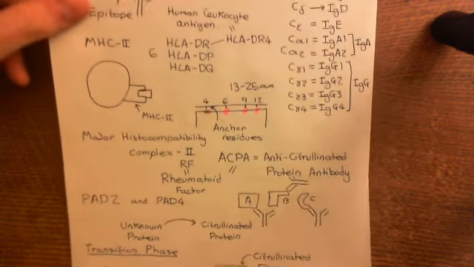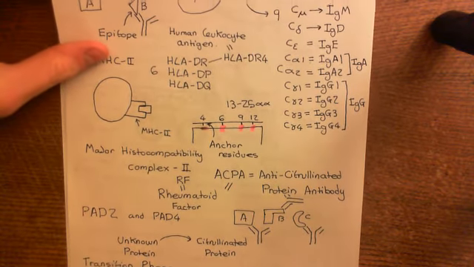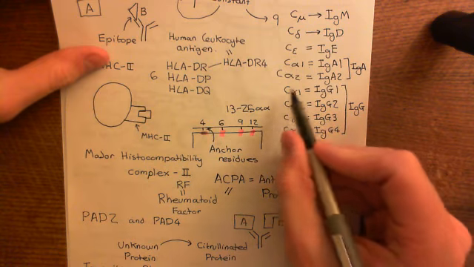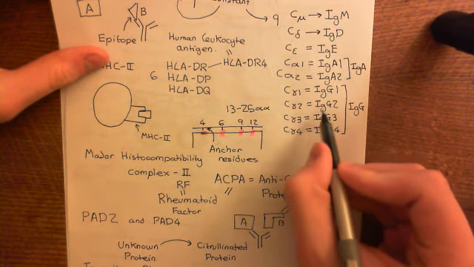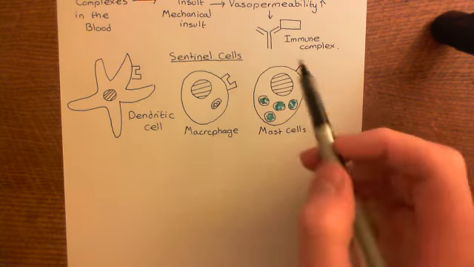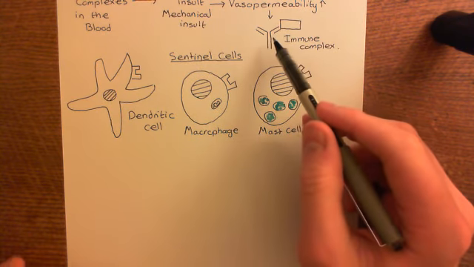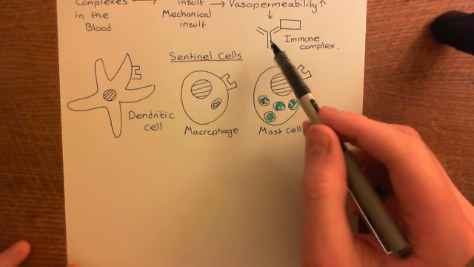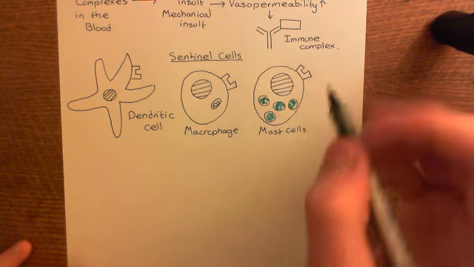The normal antibody that you produce in a humoral adaptive immune response is IgG antibodies, one of these four types here. Now, let's say that this anti-citrullinated fibrinogen antibody is of the IgG type.